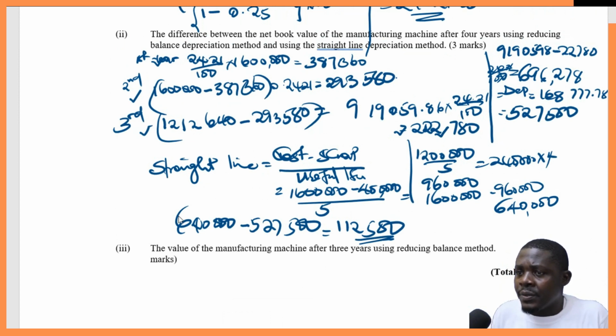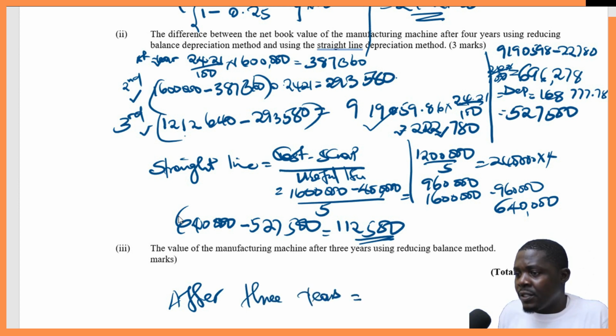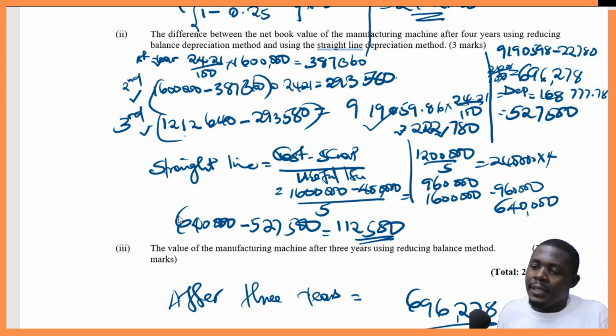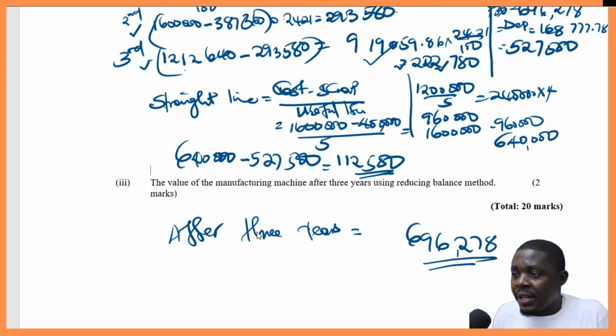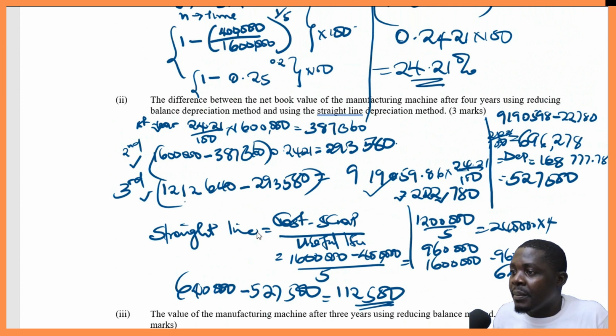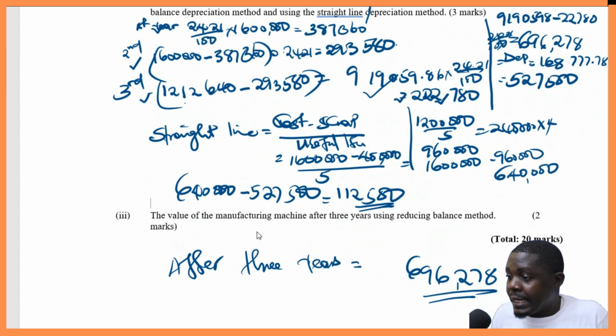The value of this particular machine after 3 years was 696,278. That is the value of machines using reducing balance method after 3 years. Because we had already computed, there is no need of recalculating it.